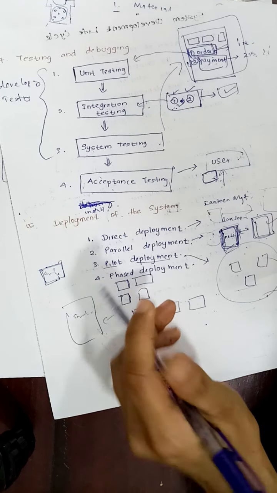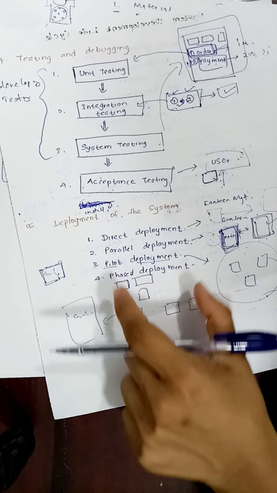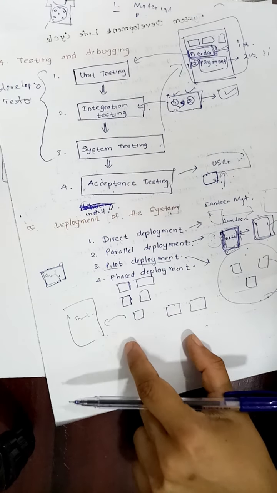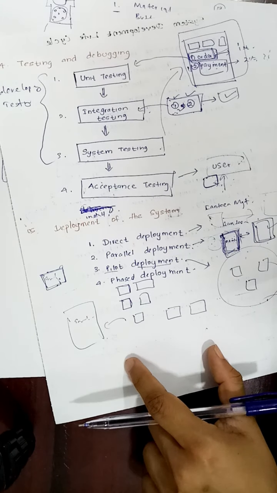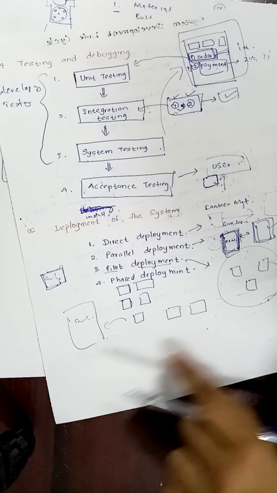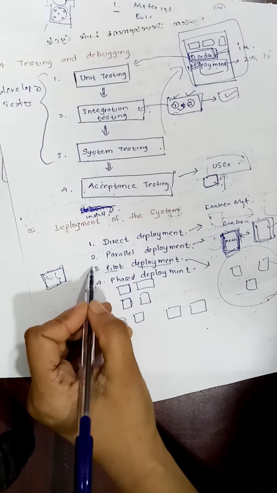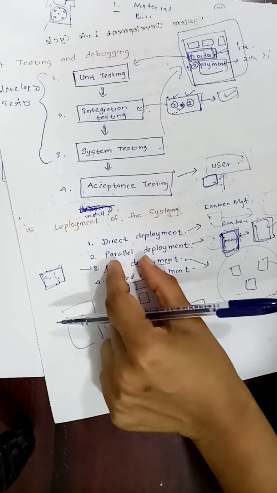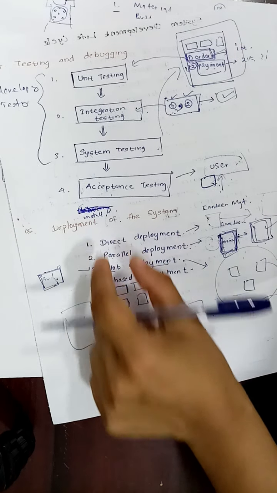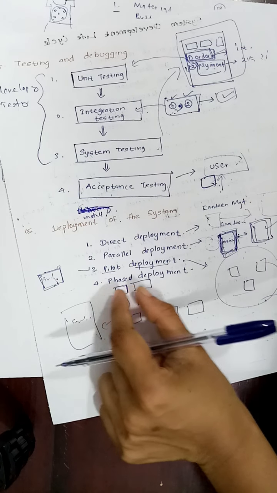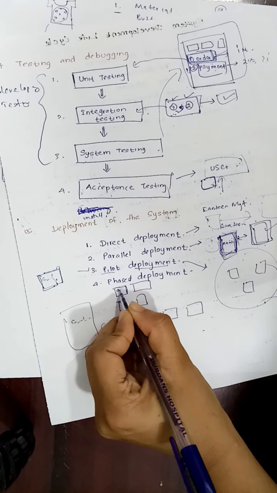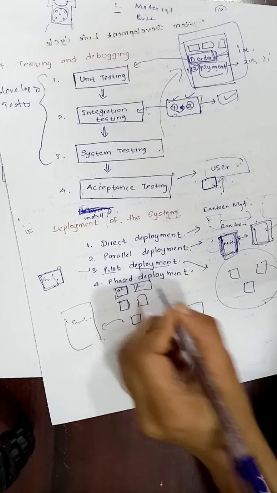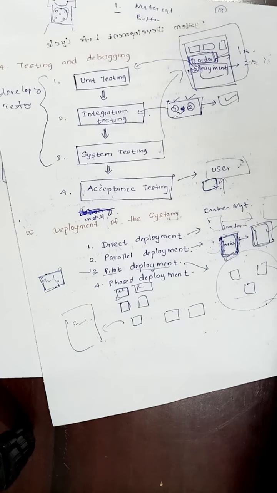Pilot means as a trial using it in 2 or 3 canteens, and if that is okay, then using it in all schools around Sri Lanka. That is pilot deployment. Phase deployment means installing the software function by function, order function first, then if it is okay, installing the payment function. That is phase deployment.